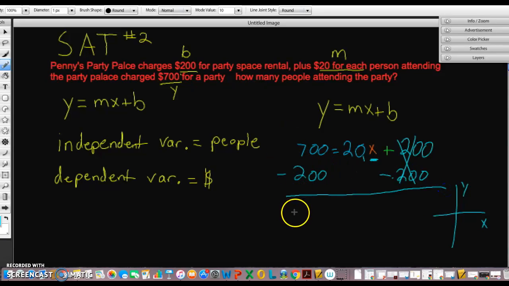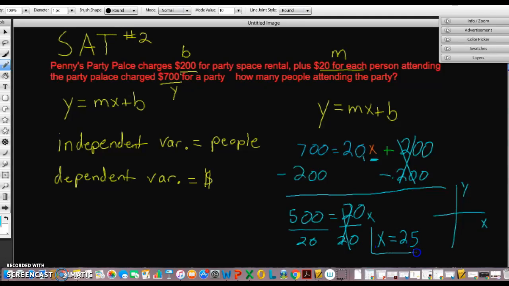That's going to give us 500 equals 20x. Then we're going to divide by 20 on both sides. X equals 25. So 25 people attended this party.